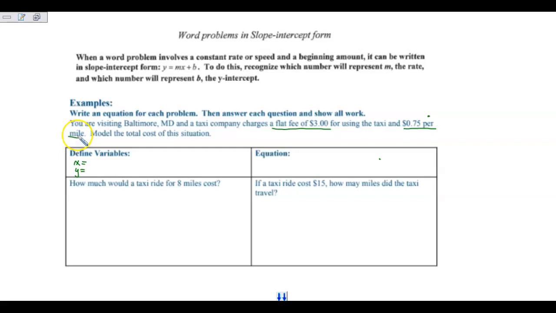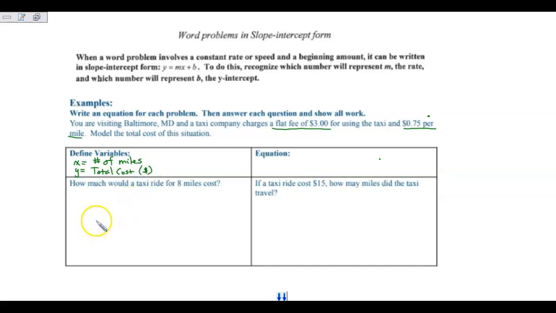So that is going to be my x. So it's going to be the number of miles. For my y, if it's charging me an initial fee of $3 and 75 cents per mile, the y is going to stand for the total cost for the trip. So total cost in dollars.